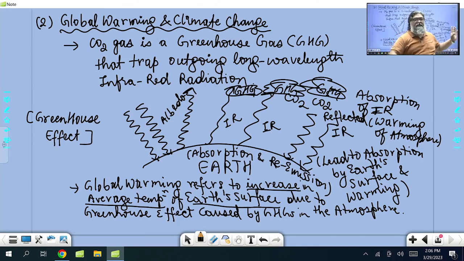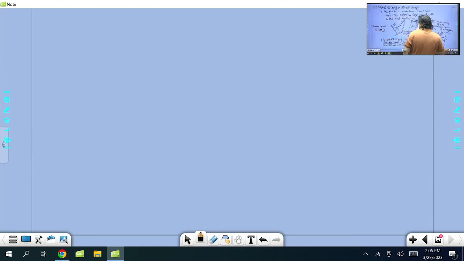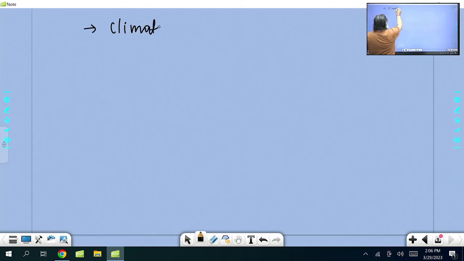तो ये हो गया बेसिक कंसेप्ट कि what is global warming, right? But when we say climate change, when we talk about climate change, what is the change? See climate, when we say climate, climate is a long term kind of thing. 30 years: temperature, pressure, precipitation, all meteorological parameters which are looked at from a 30 years perspective.